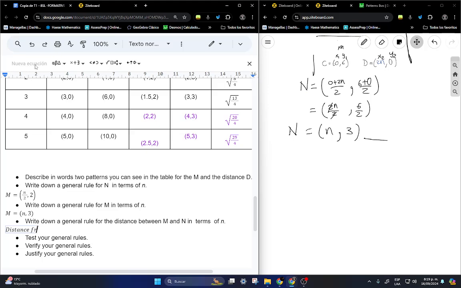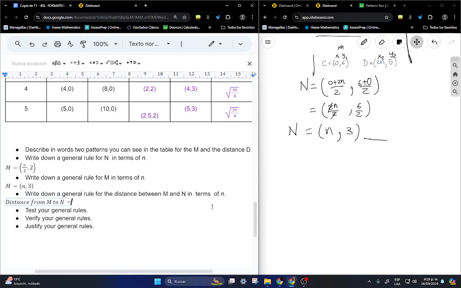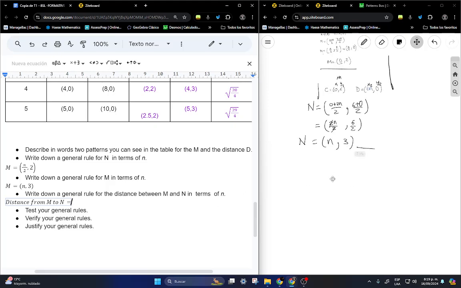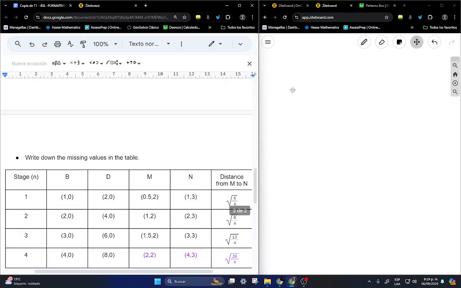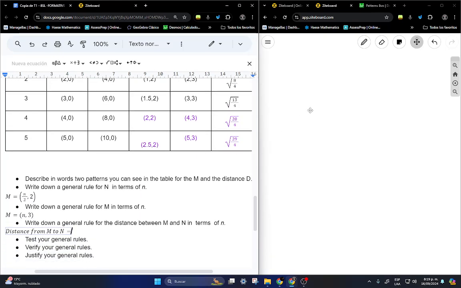Distance from m to n. Okay. So we already have our general rules for m and n. Look. M is n halves, comma 2, and n is n, comma 3.